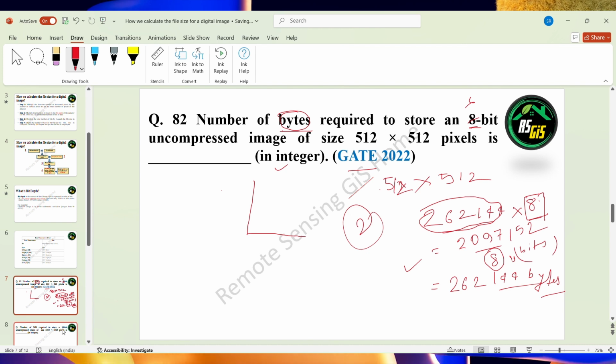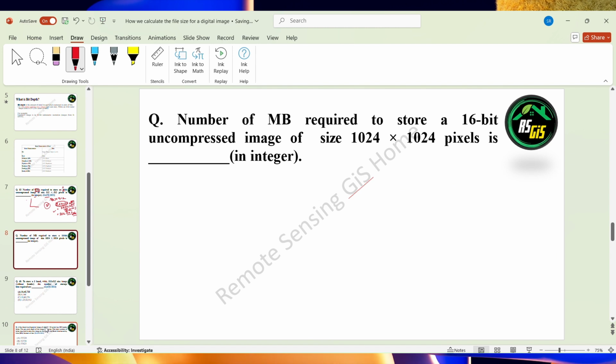So let's take another example, where the question mentions the number of MB. Okay, so we need the value in the form of MB. The vertical and horizontal pixels are given, and that is 1024 into 1024. Okay, so if we multiply 1024 into 1024, what do we get?